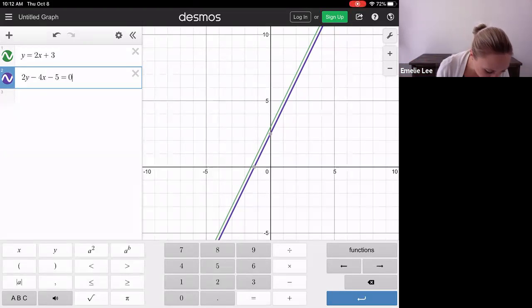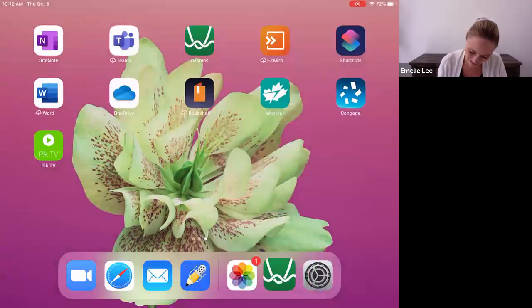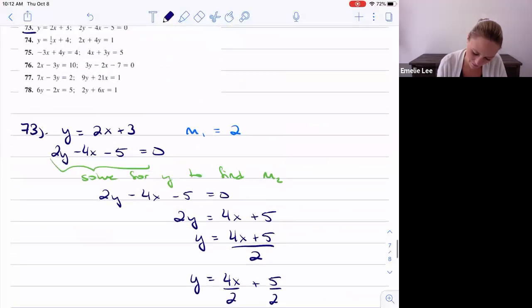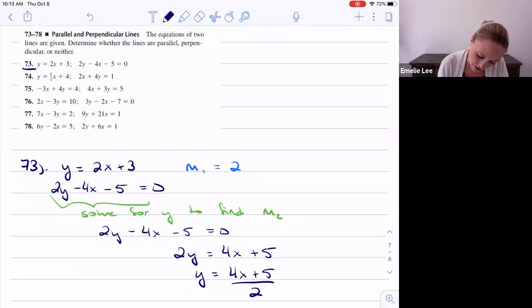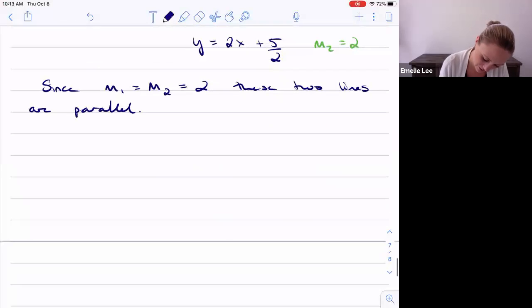Oh, I wish I had gone through these and figured out which ones are which. We'll work through a couple of these. Let's do number 76, hopefully maybe perpendicular, or maybe neither, as long as they're not parallel.